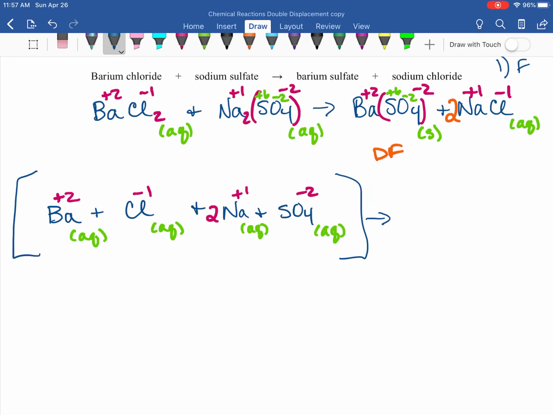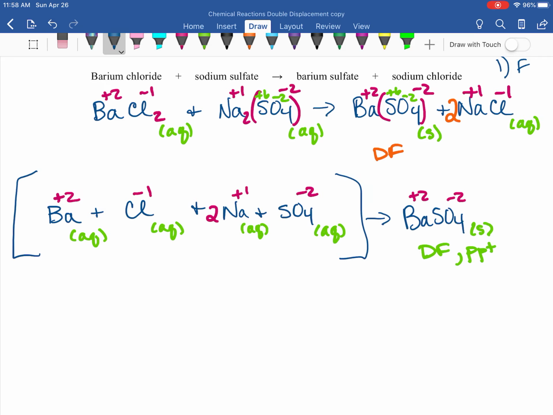So now this is what your reactant side is going to look like. You've got those in water in 2 separate beakers. You dump them together, and what happens? A barium smacks into a chloride. Doesn't matter, the bond breaks again. Barium smacks into sulfate. And now it matters because that bond does not break again.